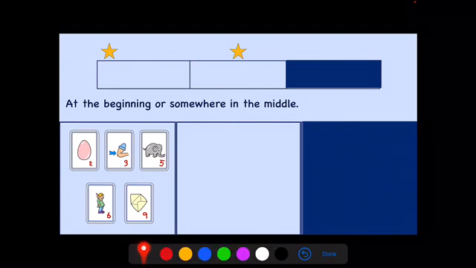Okay, now we'll have a think about listening for E somewhere in the middle of the word. Number 1, net. Number 4, bed.